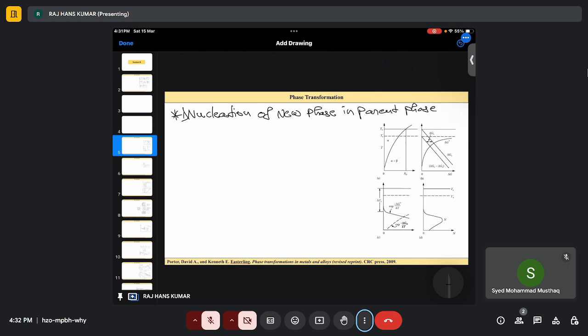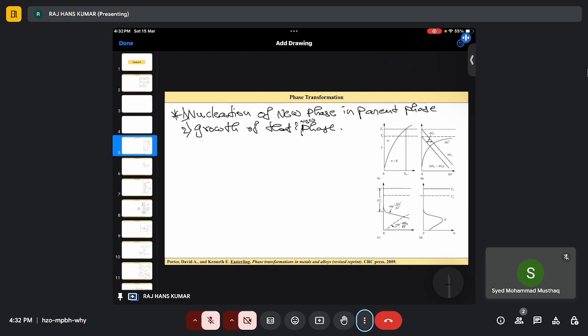Then growth of that phase, or growth of the new phase. So nucleation and growth define how fast, or to what extent, the phase transformation takes place.